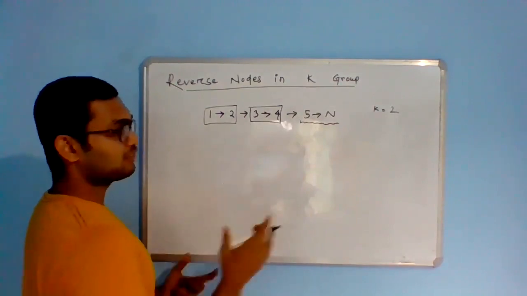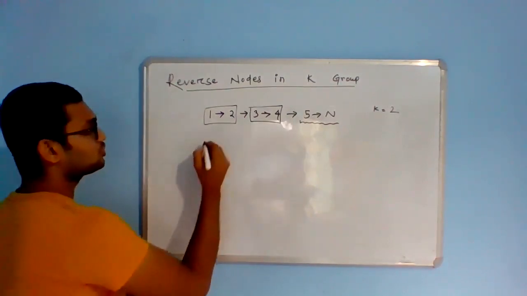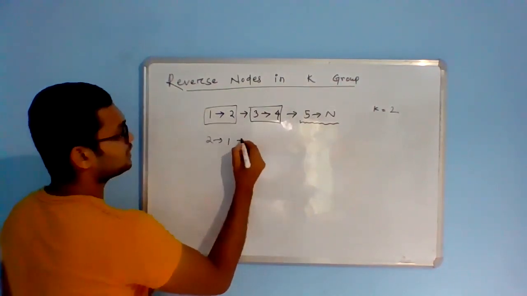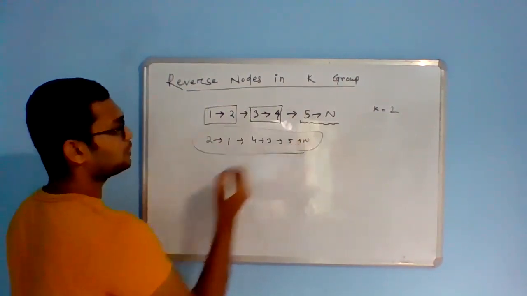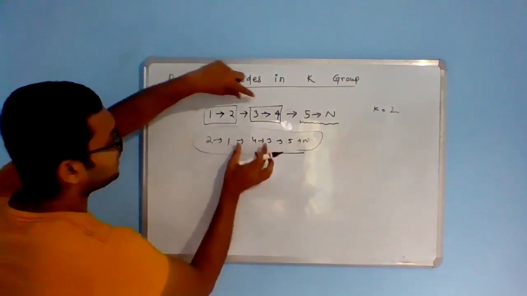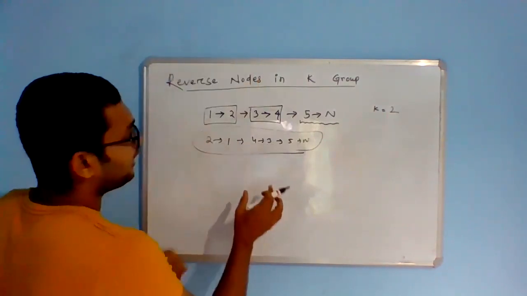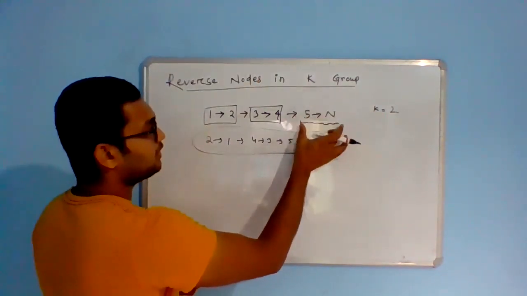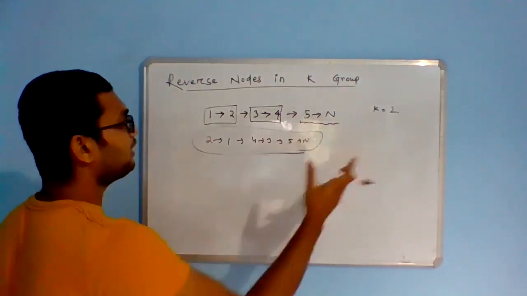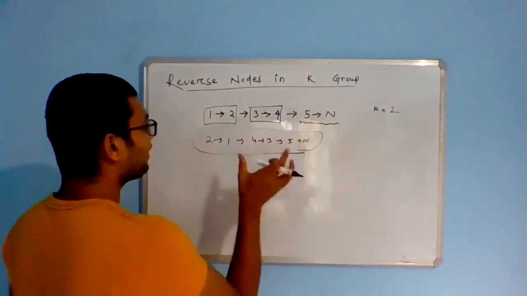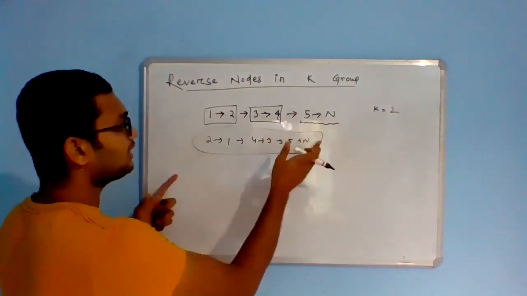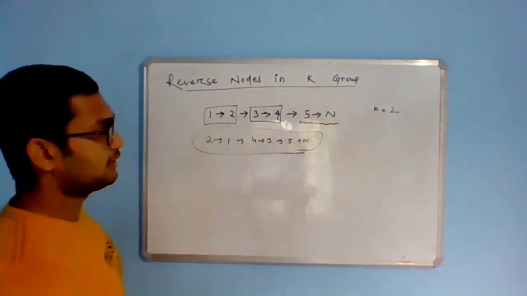We should not reverse it. So the answer should look like this, where every k-sized segment is reversed, and whatever left-out segment we encounter at the end of the linked list, we use as it is, if and only if the size of the entire linked list is not a multiple of k.